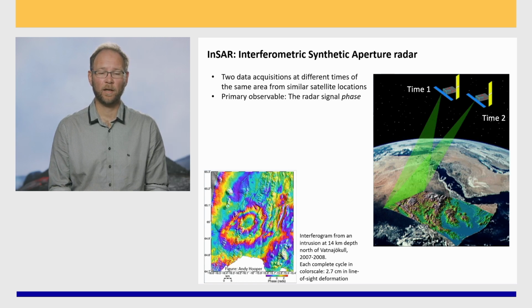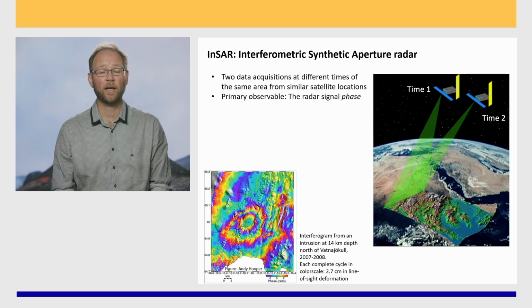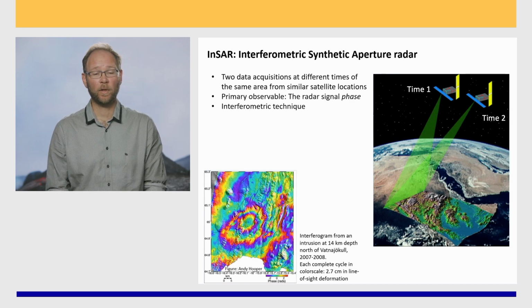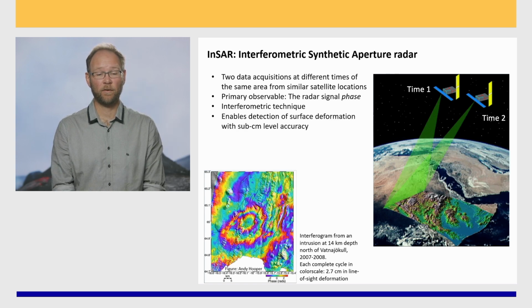Many think about radar as being amplitude, but we're really looking at the waveform that is reflected. It's an interferometric technique, and it enables detection of surface deformation with sub-centimeter level accuracy. Each point on the ground can become a measurement point without anyone needing to go there. We just use the reflected signal.